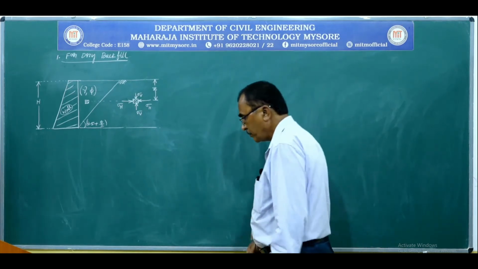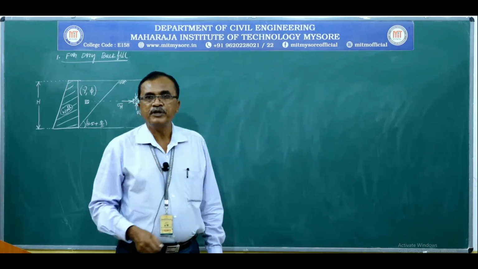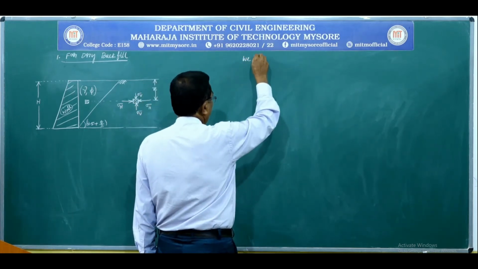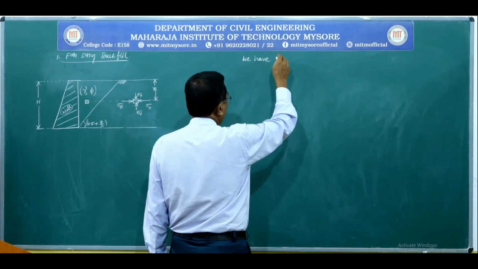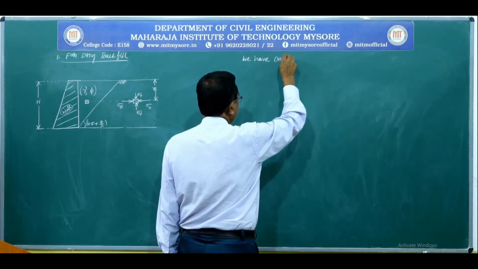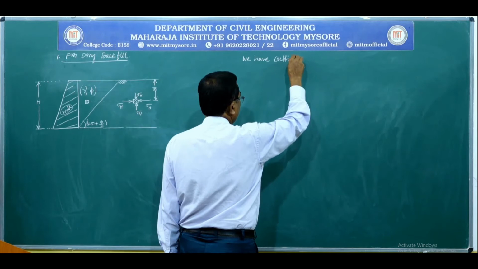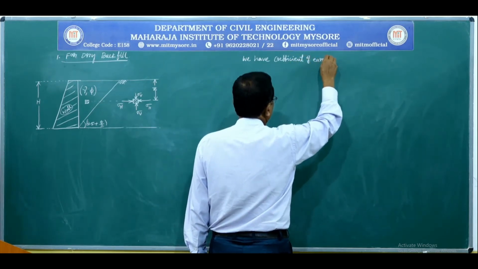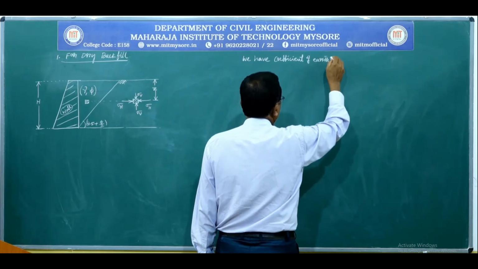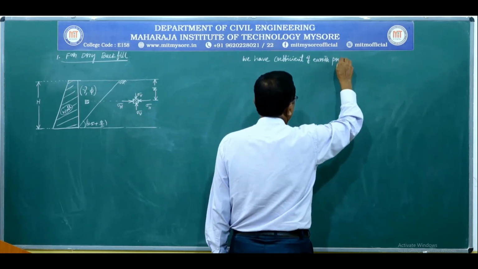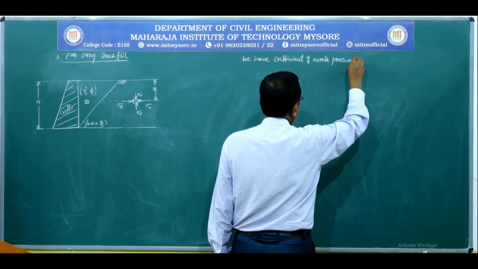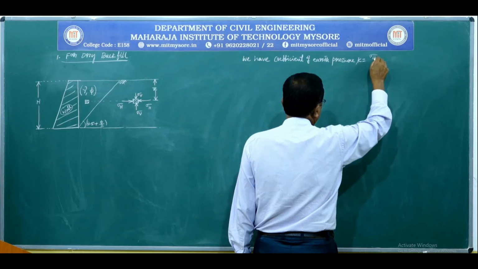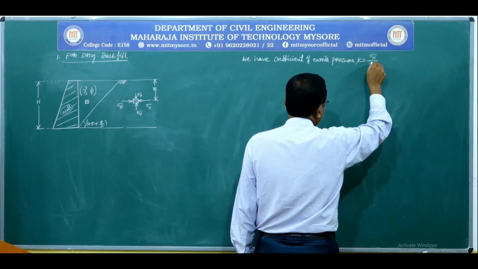We have the general expression for coefficient of earth pressure. We have coefficient of earth pressure K is equal to the horizontal stress divided by vertical stress.